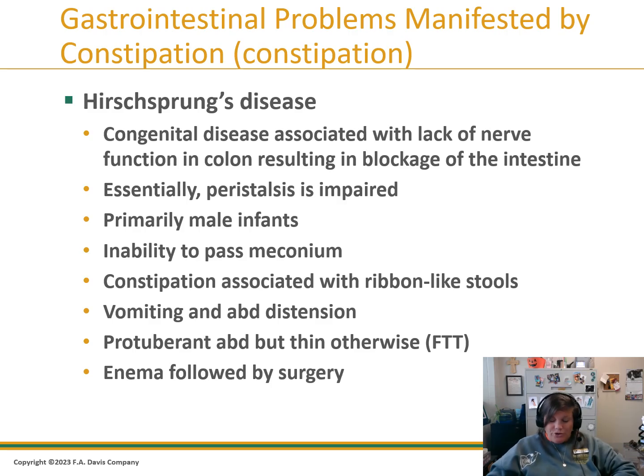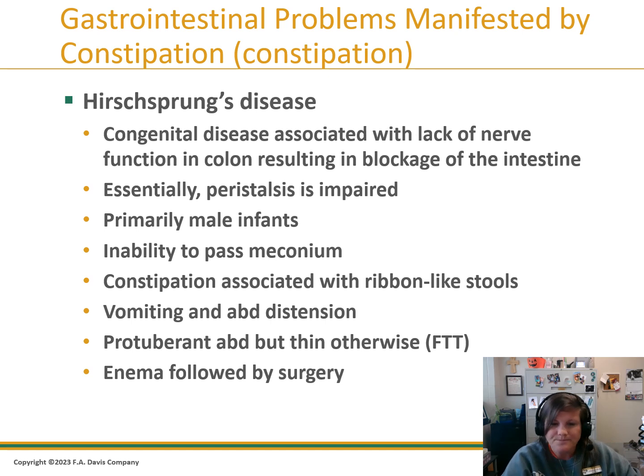They had a rounder stomach, but everything else on them was very thin and no fat to it. So this is another condition that can have this presentation. They typically are diagnosed with failure to thrive because they're not getting the nutrients from their feedings.